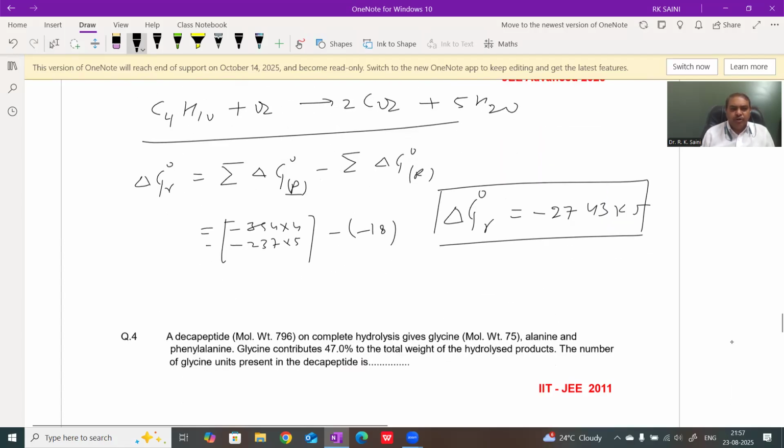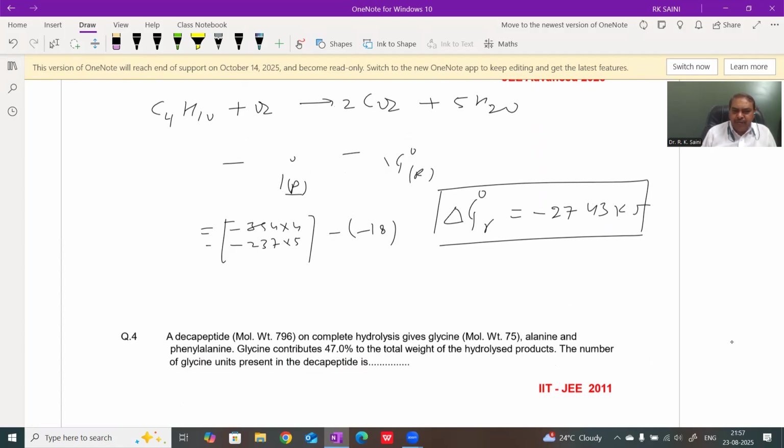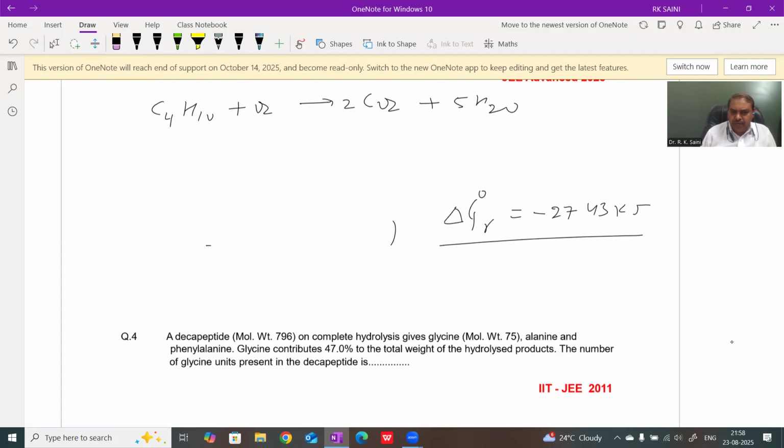The oxidation state of carbon in n-butane is minus 10 by 4. And 1 mole of butane contains 10 moles of hydrogen. Therefore, the total charge on the left-hand side is minus 10.